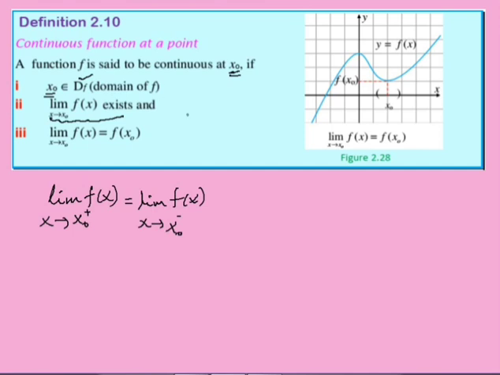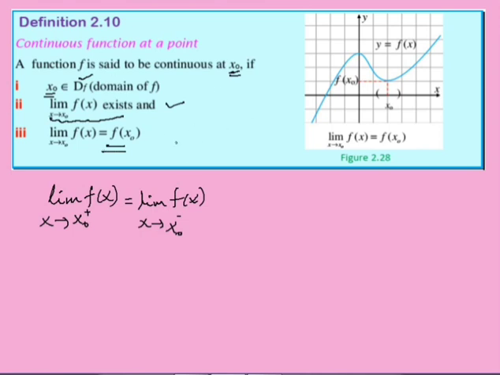Then we say that the limit exists. And the third condition is that the limit of f of x as x approaches x0 is exactly the functional value at x0. So these are the conditions for the continuity of a function at a point.